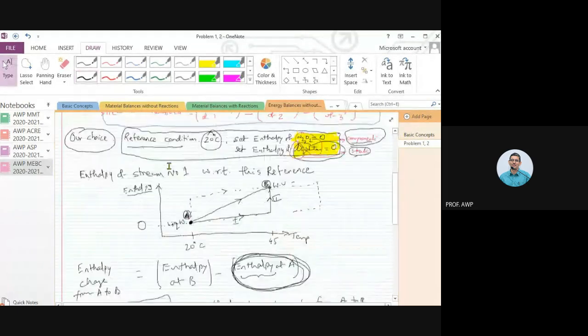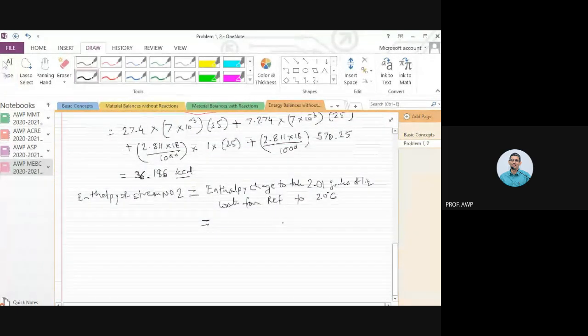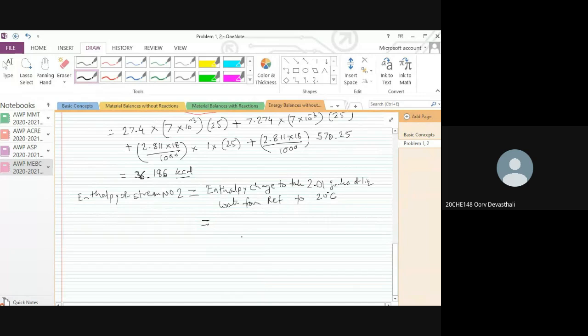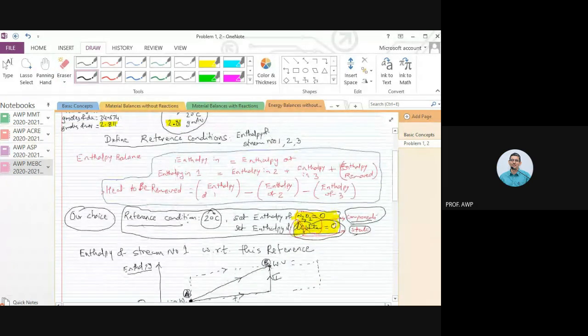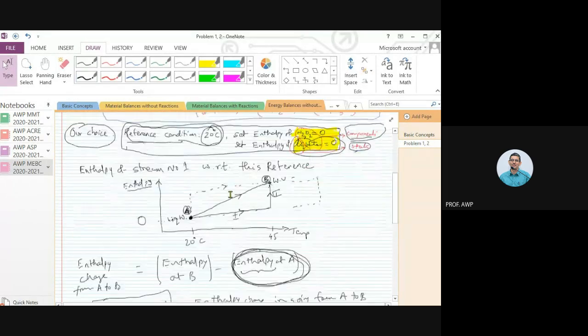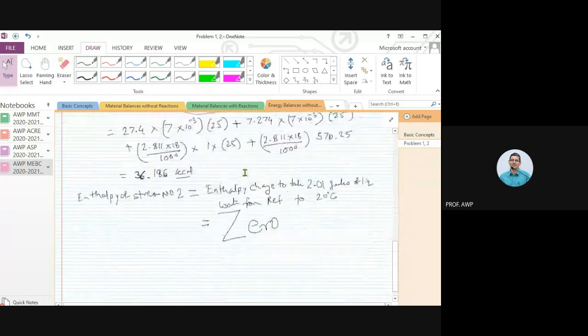So what is the enthalpy of stream number 2? Is it not just 0? Sir, 0. Mayur, do you agree? Yes, sir. Arya, do you agree? Praveen, do you agree? Yes, sir. So now do you see why I took 20 degrees centigrade as reference? I don't have to bother about stream number 2 because stream number 2 has 0 enthalpy, because it is already there in the liquid state.